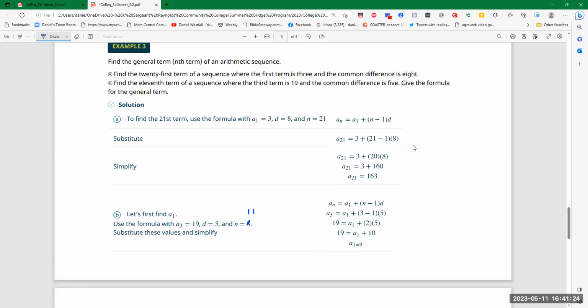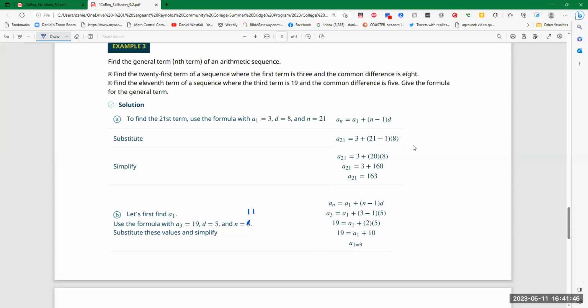So the first thing we need to find is, what is a_1? Oh, that's what they're doing here. Okay, and then they'll go on and they'll do it the other way. So a_3 that they told us here was 19, and that is 3 minus 1, which is 2. The common difference is 5, so we can go backwards and we can find a_1.